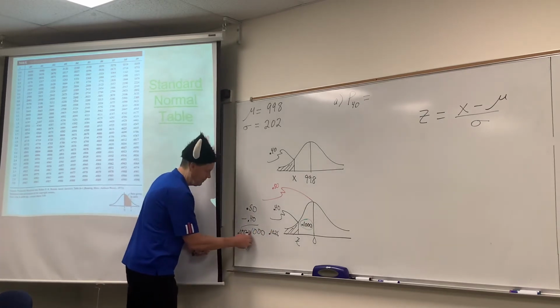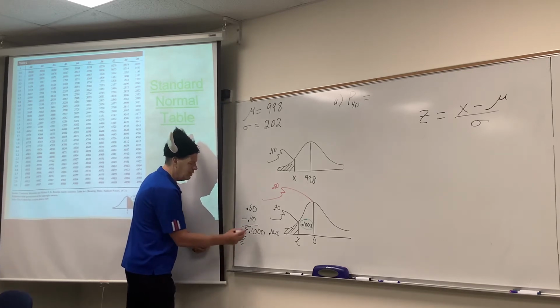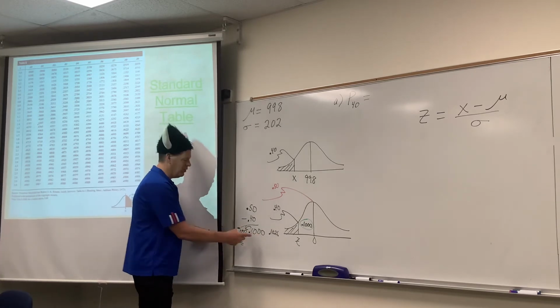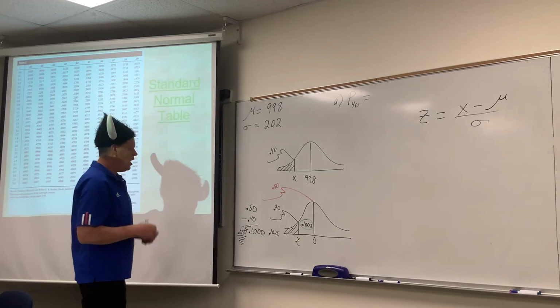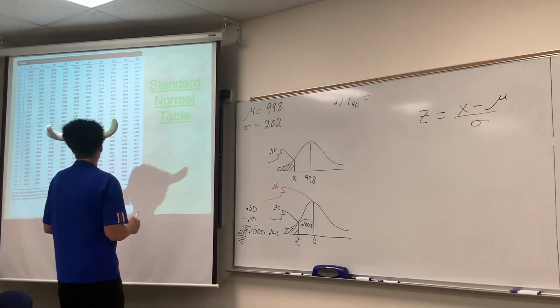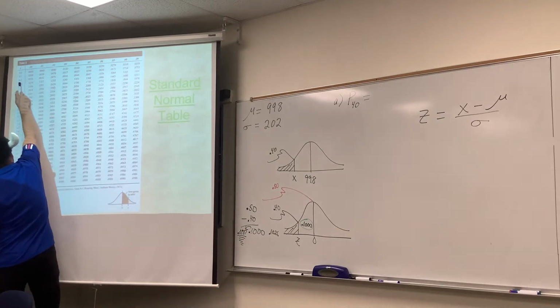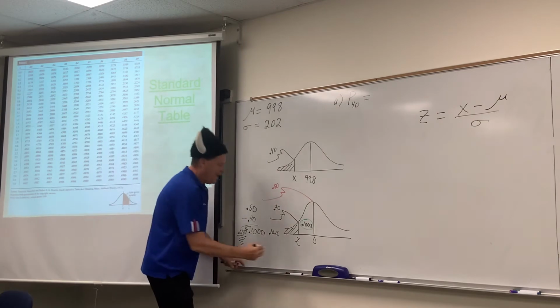And that 0.0987 would be closer. Subtract real quick, ignoring the decimal. This is 13 away. This is 26 away. 13 away. 0987. And that lines up with a z-score of 0.25.